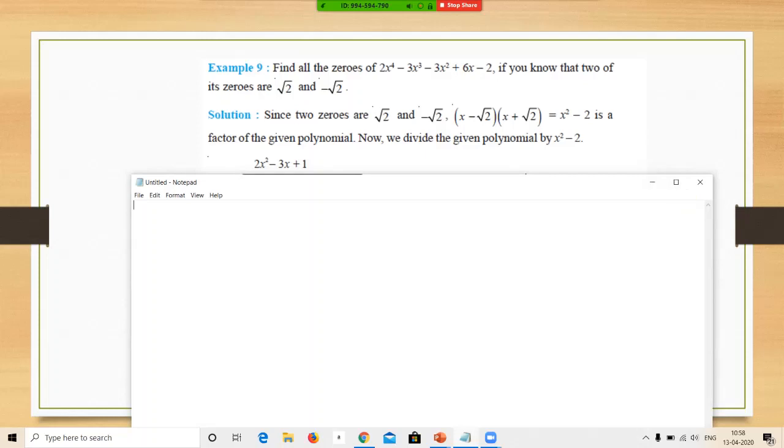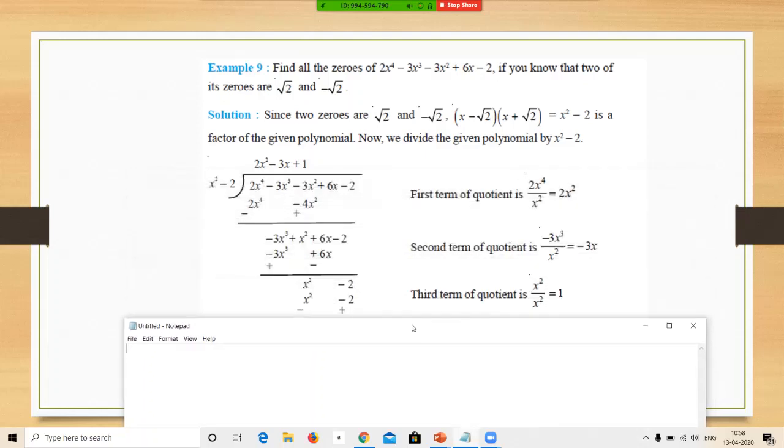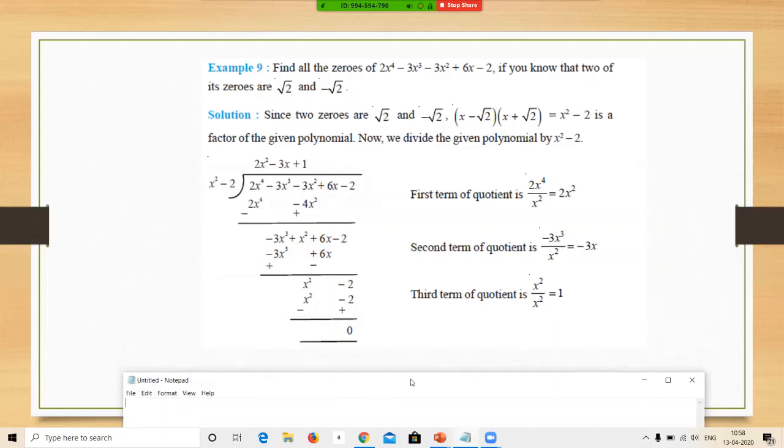For the others who had problems working out the division, you can look into it, whereas the others will move ahead and give me this middle term factorization. Factorize this 2x square minus 3x plus 1 and give it to me.